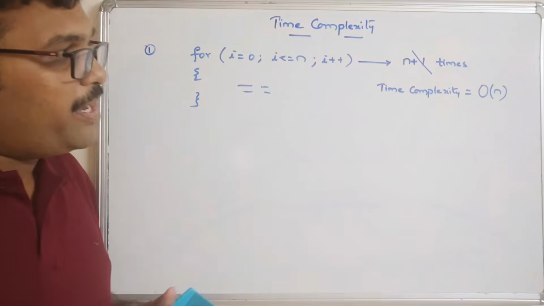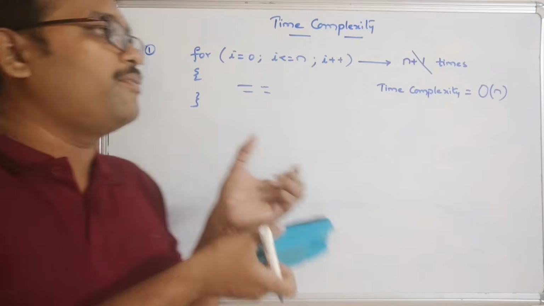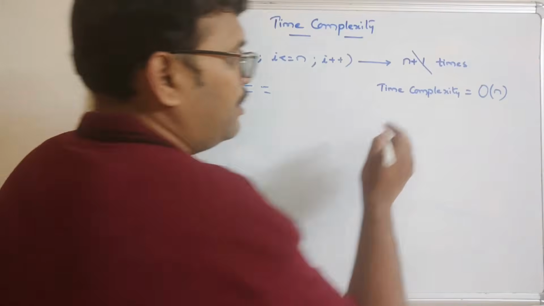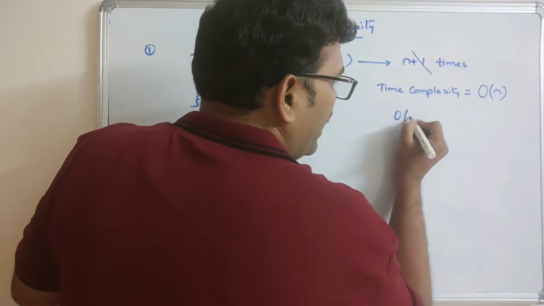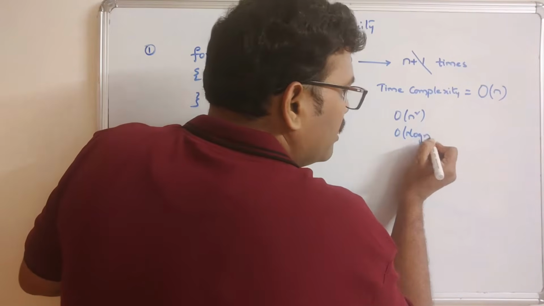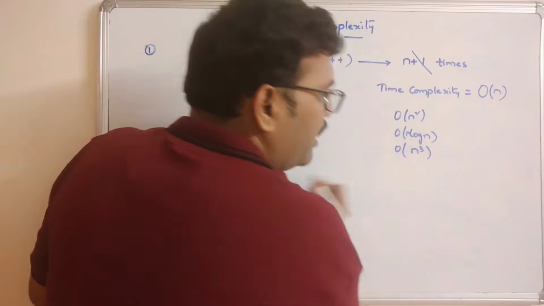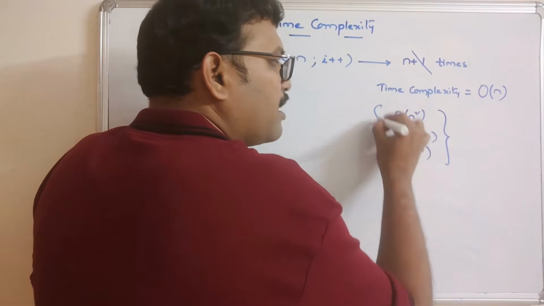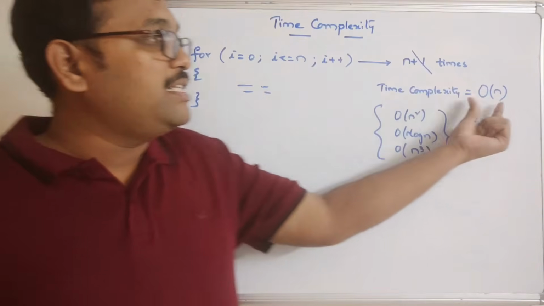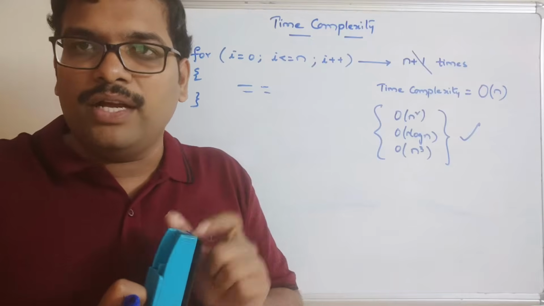So in competitive questions, if you get this type of problem and you find any other time complexity like n square, order of log n, or order of n cube, everything will be correct for this particular code, because this is the worst case and it gives the upper bound of the time complexity.